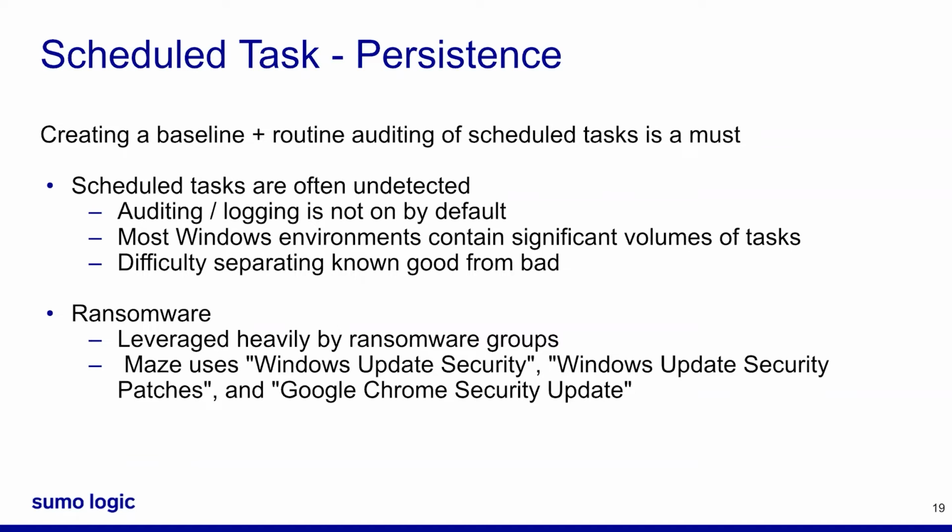Again, another example, like we looked at Sharp Panda using Windows Update. Maze utilized Windows Update Security, Windows Update Security patches, Google Chrome Security Update. So they're switching from the stuff that sticks out to stuff that blends in a little bit better. But again, if you're baselining this stuff and you're taking a proactive approach to it, you can identify this.